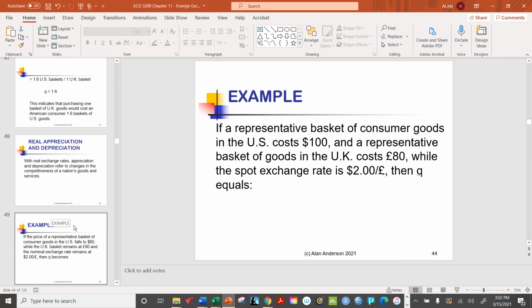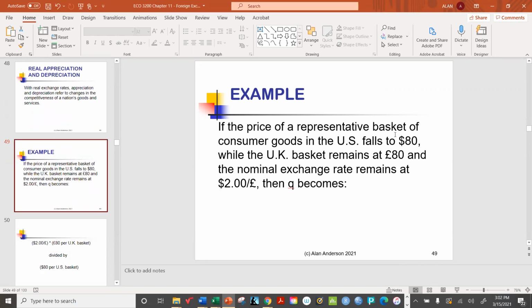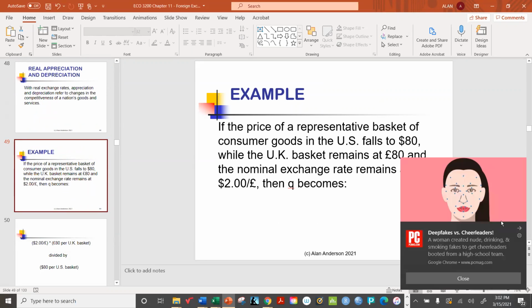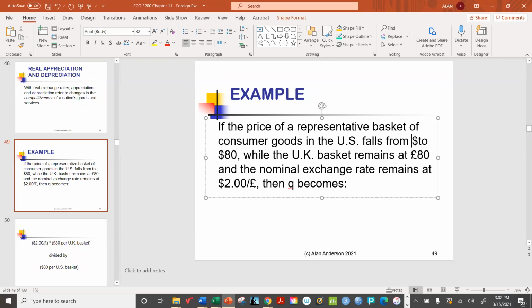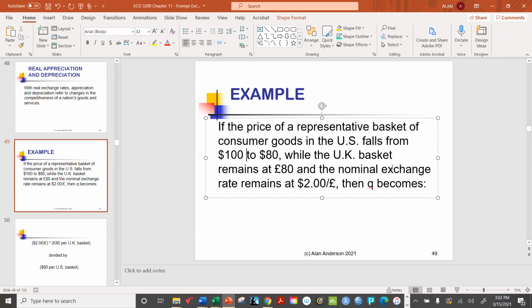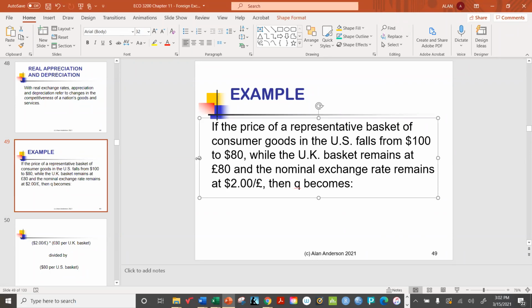The US basket drops from 100 to 80, whereas the other prices remain the same. The UK basket is still 80 pounds, and the nominal exchange rate hasn't changed either. So all of a sudden, the US basket is cheaper.